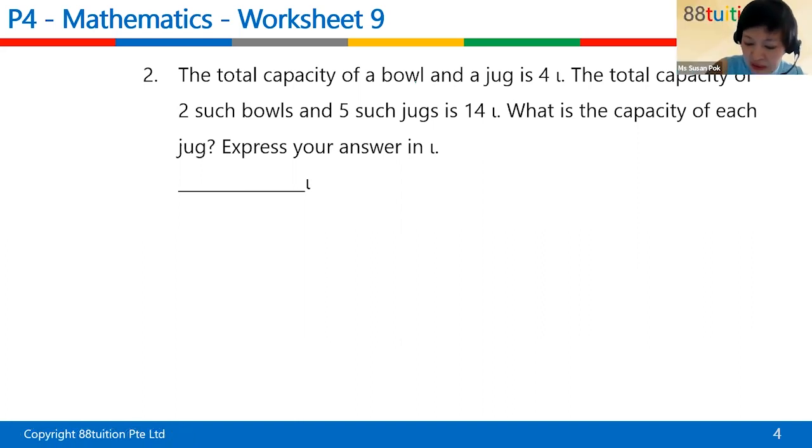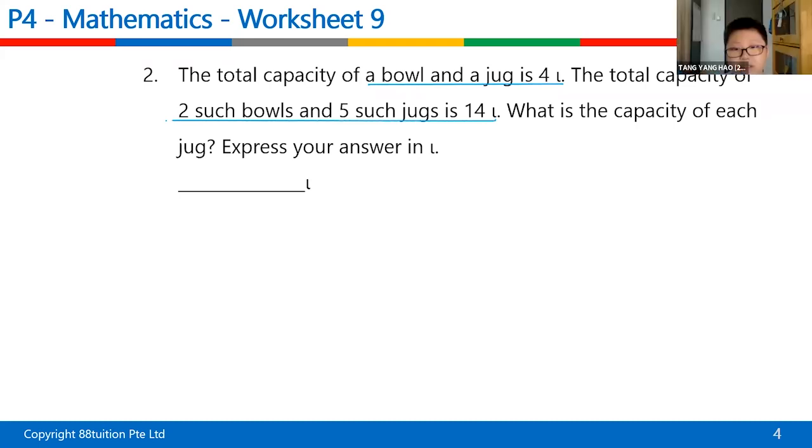Okay. So now I have the total capacity of the bowl and the jar is 4 liters. The total capacity of 2 bowls and 5 jars is 14 liters. Find the capacity of each jar. Just now we used symbols to do it. So now I want to use the same symbol, but I'm not going to draw so many bowls.